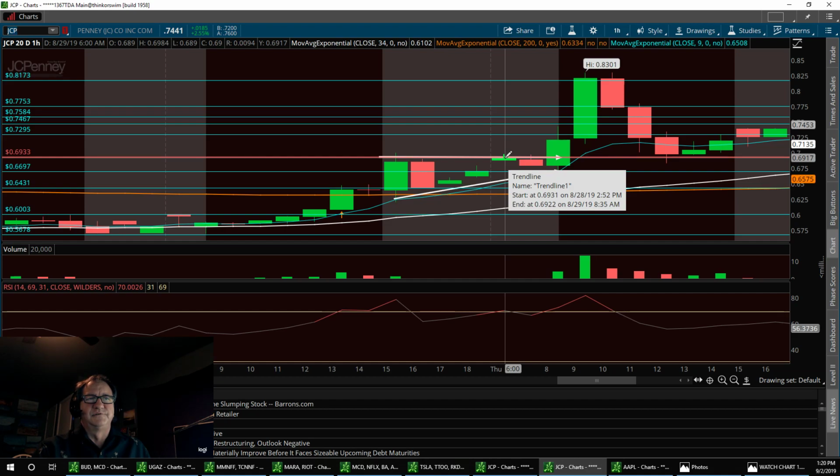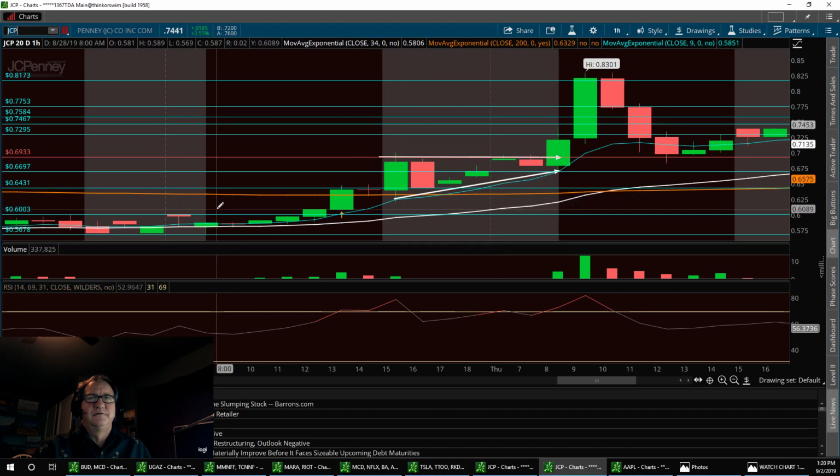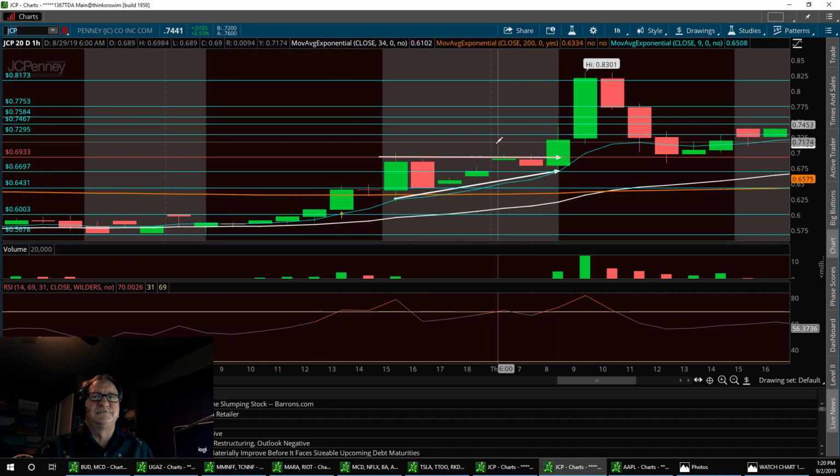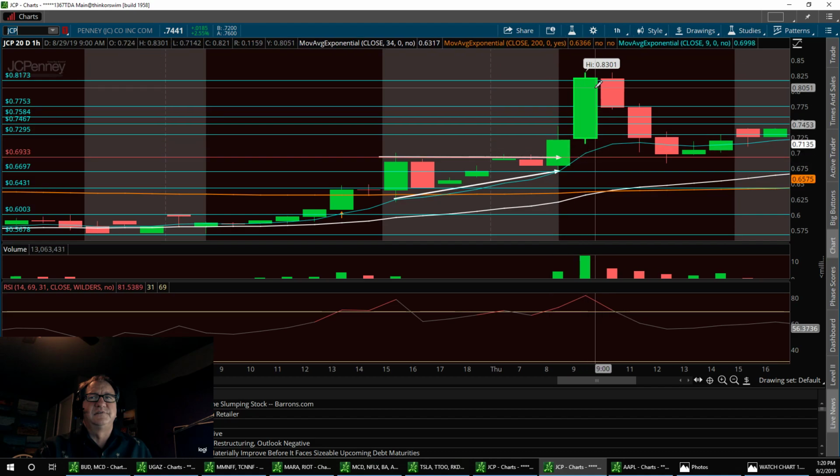So I was able to sit there and say, okay, we are at the pivot point. We are at the resistance. We did come up from support. Now we got to break that resistance. Can we break that resistance? Can this next minute candle take us above and hit our other resistances?